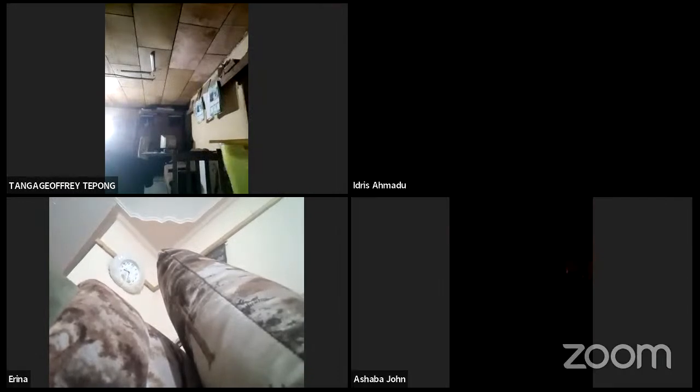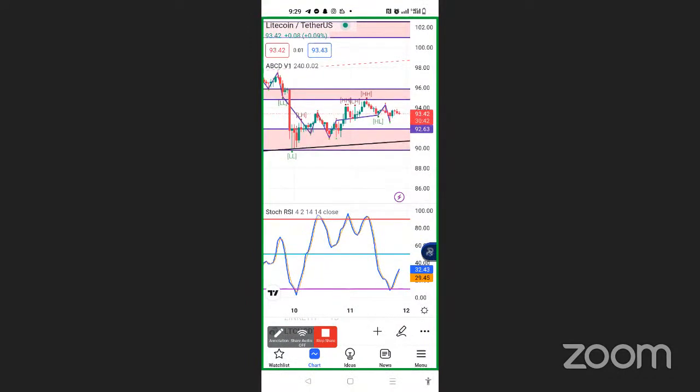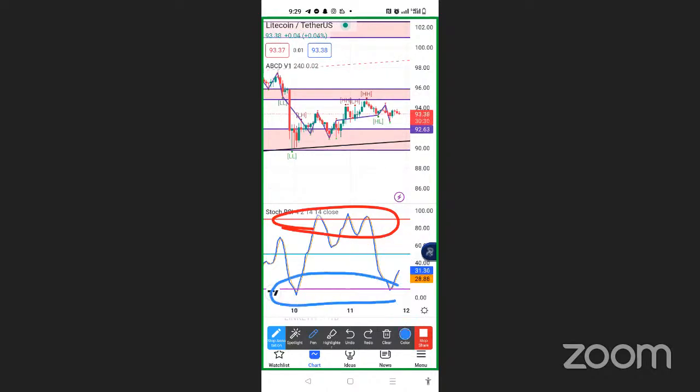Now let's go to interpreting the stochastic RSI and how we can use it. The stochastic RSI has two important areas that should always get our focus and our time whenever we look at the market.